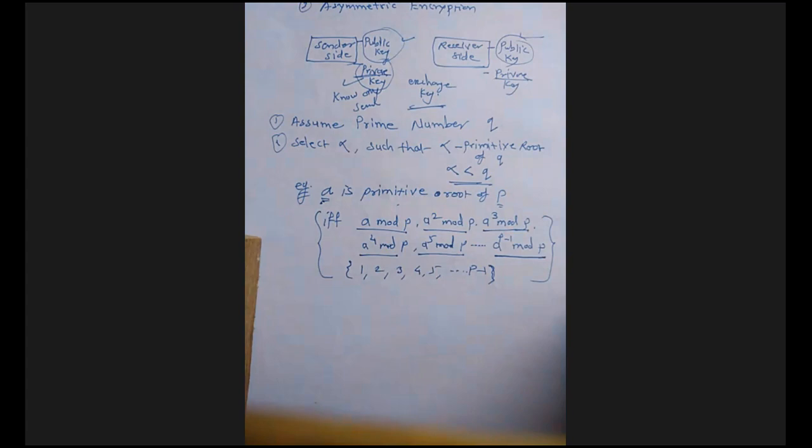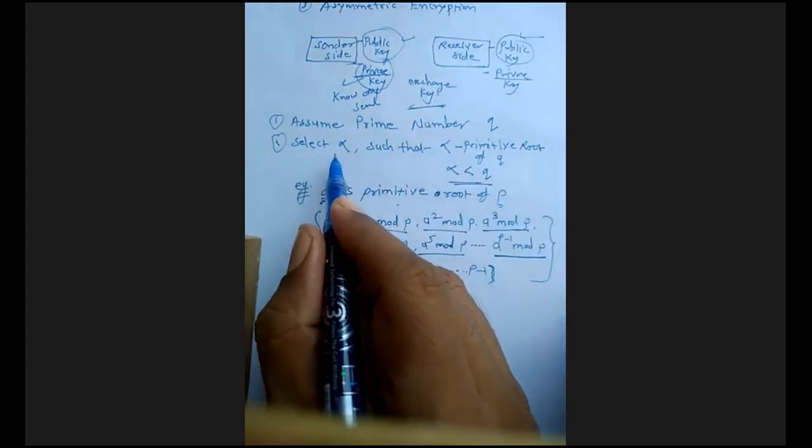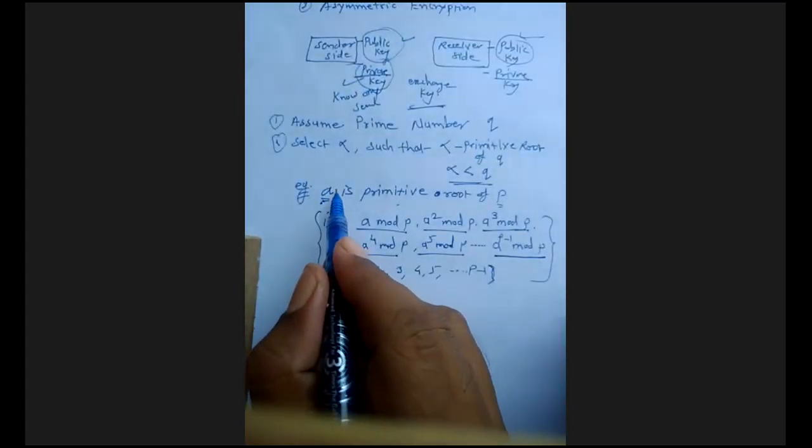Everybody understood? See, what we will start? Consider, assume a prime number Q. Select any alpha such that alpha is a primitive root of Q, and that alpha must be less than Q. Okay, no problem. A is a primitive root of P, how can we find out?